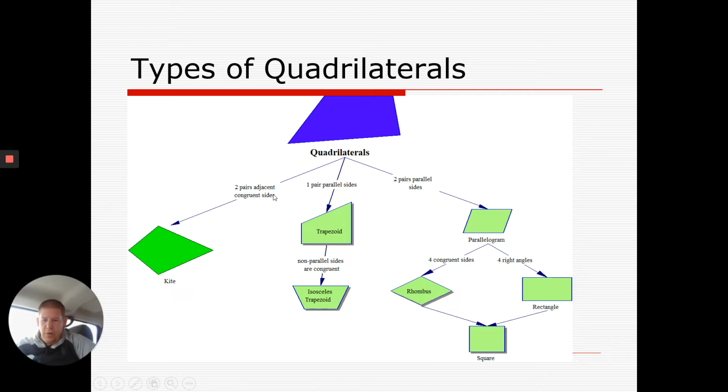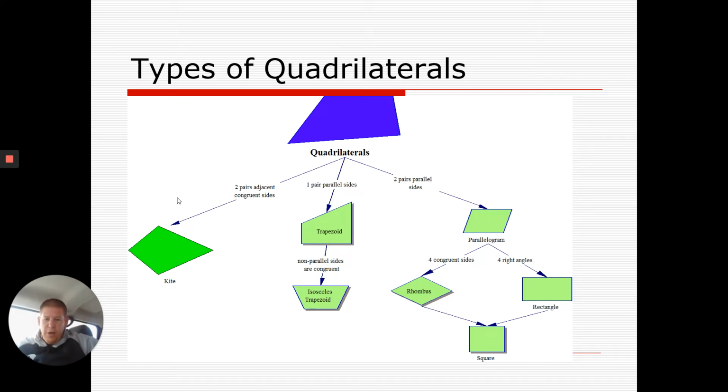If we start over here with a kite, it has two pairs of adjacent, congruent sides. Congruent means the same size or the same length. So you can see that they have two sets of sides that are the same length, and adjacent just means that they are next to each other.